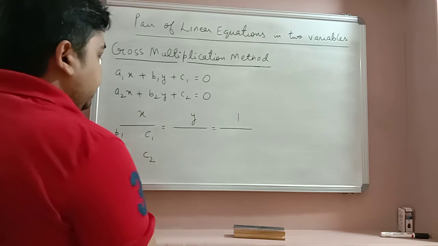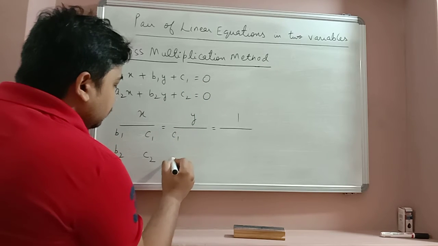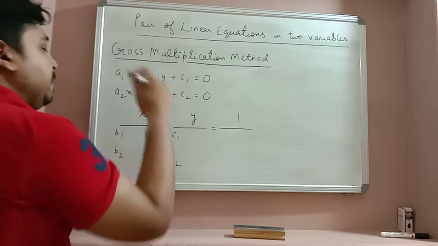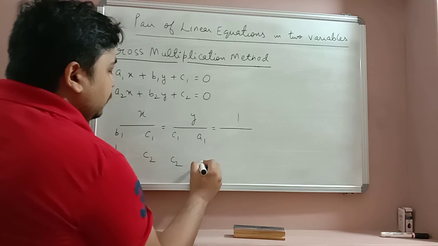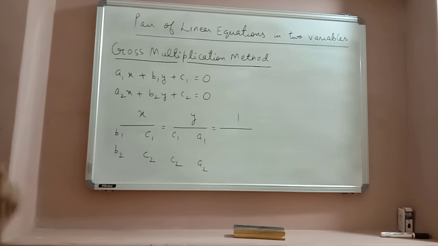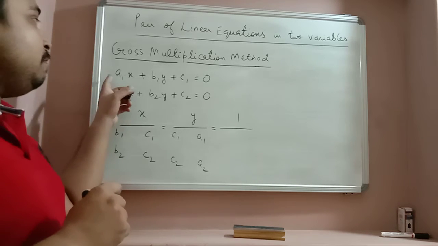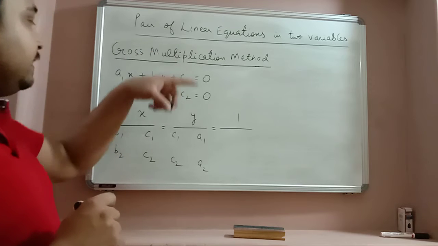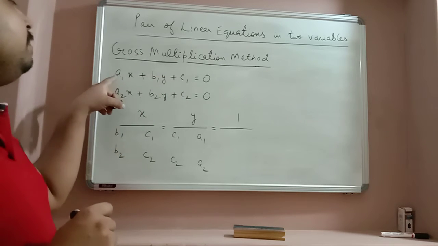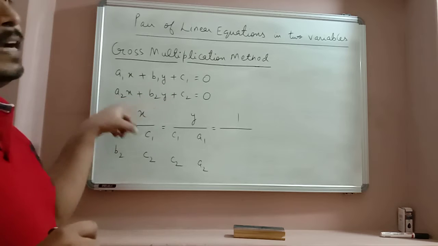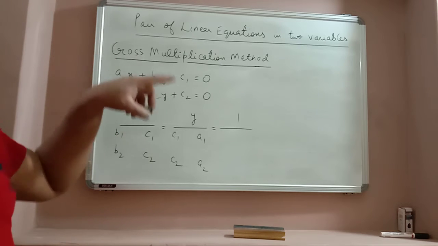So I'll write down c1, c2, and then coming back to a1, a2. So make sure you go in the cycle, and the cycle starts from a and ends at c, and then continuously goes a, b, c, and so on.